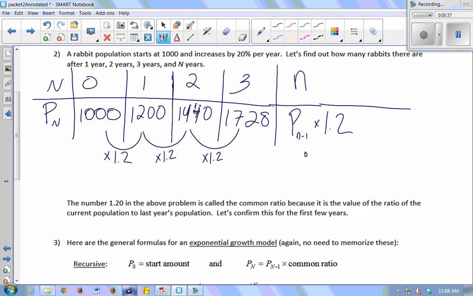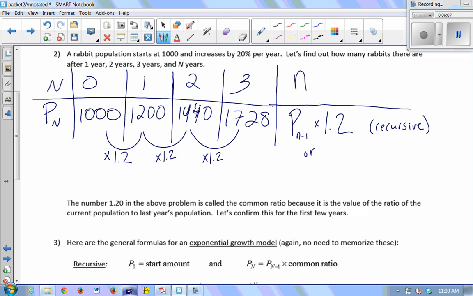If I want to write an explicit formula instead of a recursive one, so I'll put recursive here. What makes this formula recursive, before we go to the explicit? The P sub n minus 1. I had to know the previous term to get the next term. When I write an explicit formula, I don't need to know the previous term.